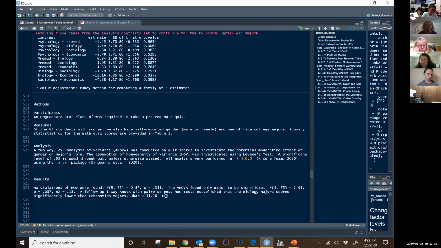And the t ratio has how many degrees of freedom? 80. And it's equal to, if I'm going to go 2 decimal places, 2.90, and the p-value is 0.038.